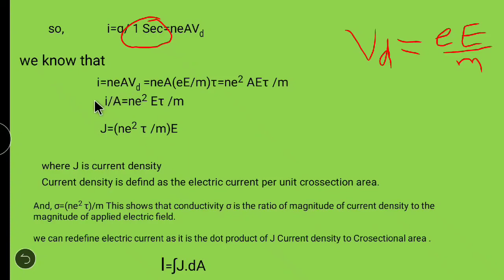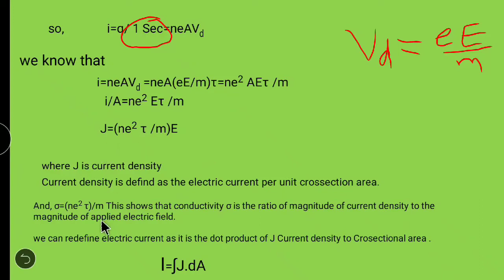So I upon A is nothing but the current density. I upon A, where J is current density. I upon A is called J. Current density is defined as the electric current per unit cross section area. Okay students, electric current per unit cross section area is called current density.